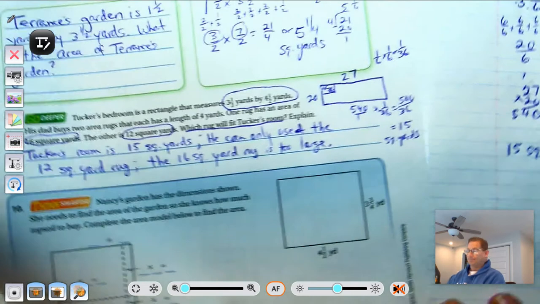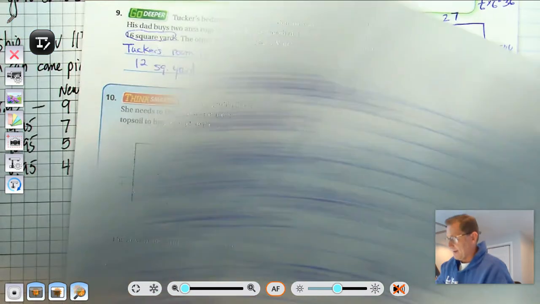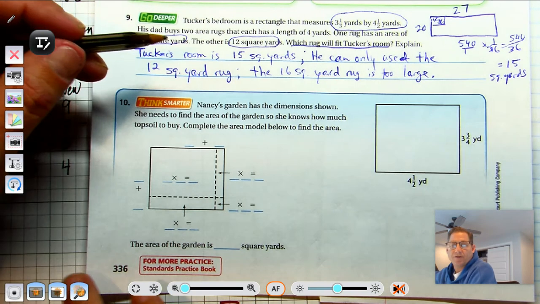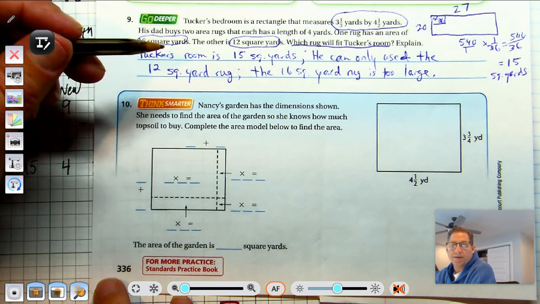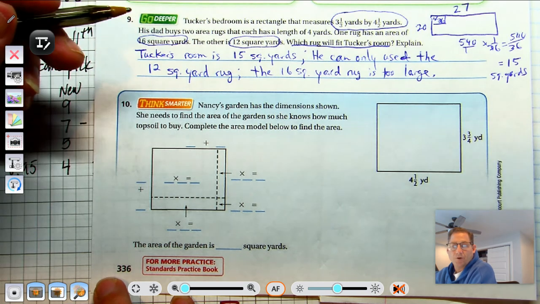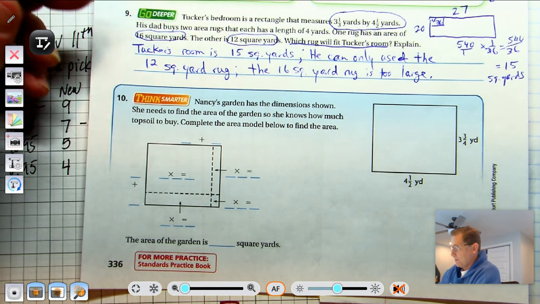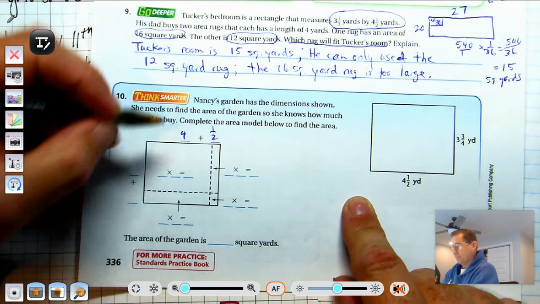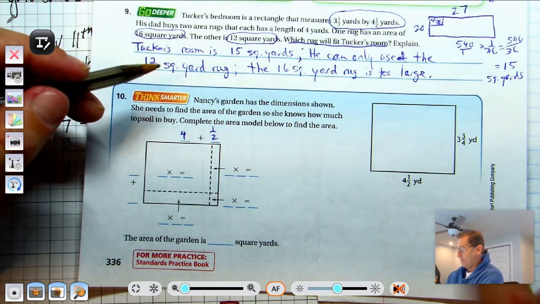Right, and number 10. Nancy's garden has the dimensions shown. She needs to find the area of the garden so she knows how much topsoil to buy. Complete the area model. All right. So we know that the top and bottom are 4 plus 1/2.